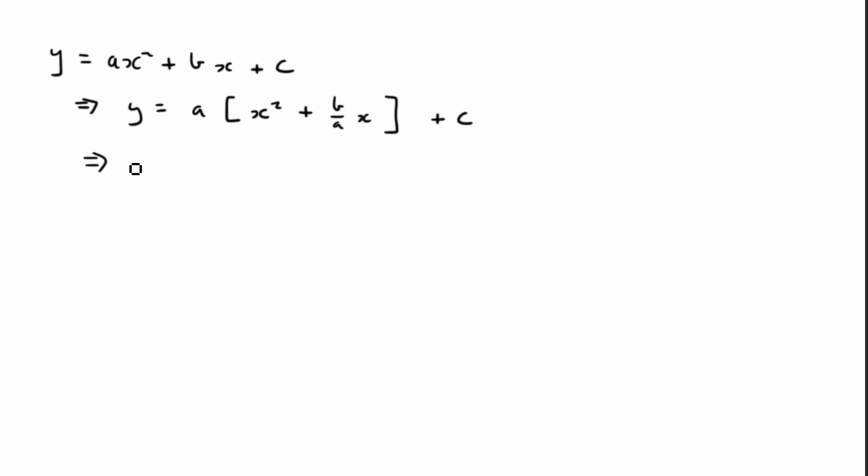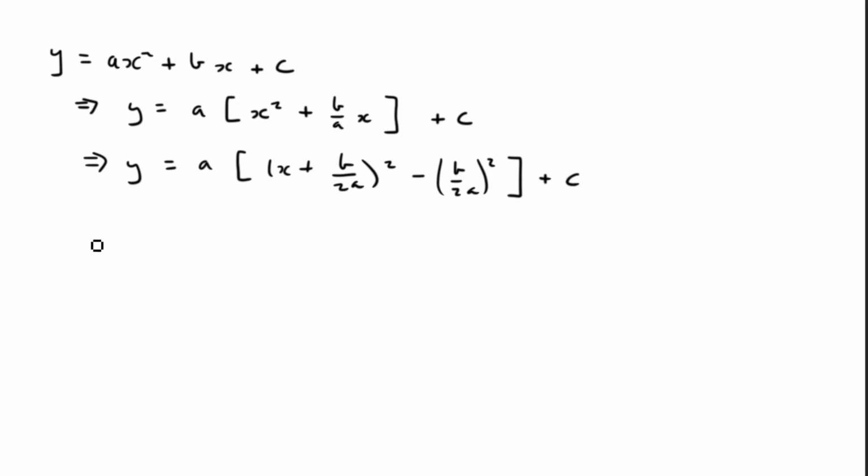Now, if we complete the square inside the big bracket, we will have x plus b over 2a squared, subtract b over 2a squared, and then there's still a plus c outside the bracket.